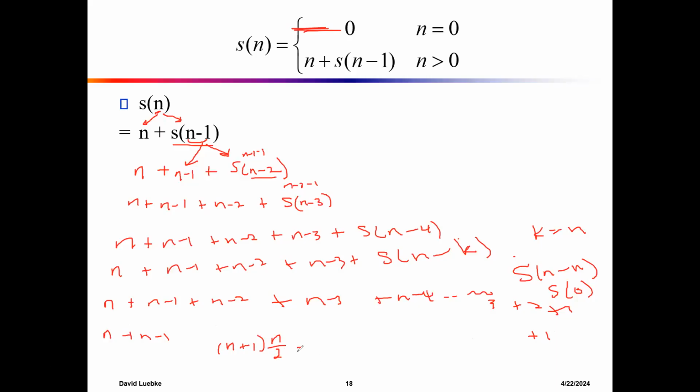And which is equal to what? n squared plus n over 2. And you realize that we ignore the constants and the lower terms, and this will be of n squared. So this process will be of the order of n squared.